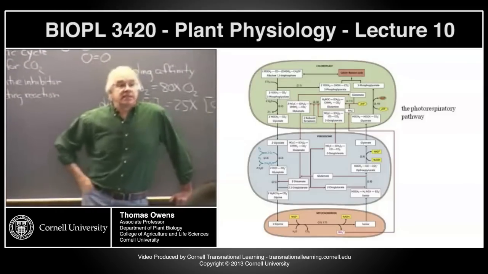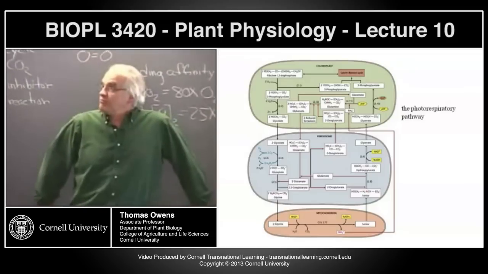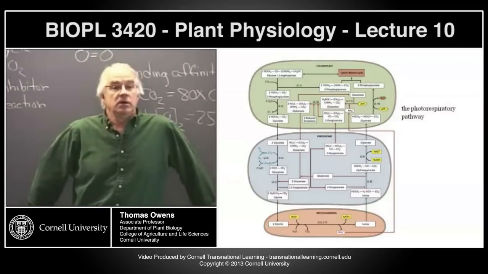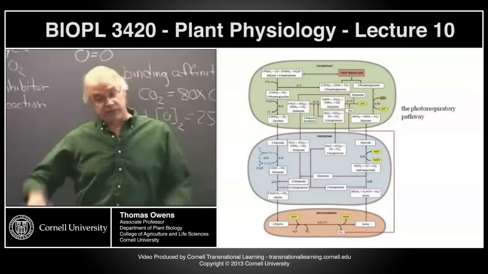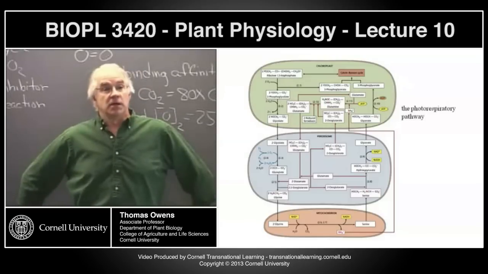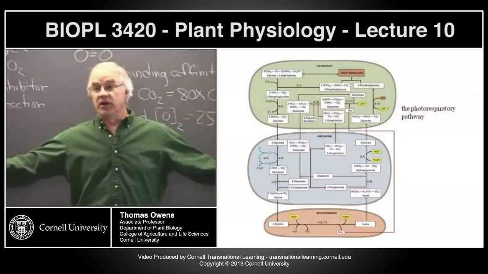So let's think about this from the perspective of what the cell could do to deal with that glycolate. If we look at aquatic algae, organisms that live surrounded by the water, they don't produce a whole lot of glycolate for reasons that we'll see in just a little while. But the glycolate that they do produce, they just release it into their environment.